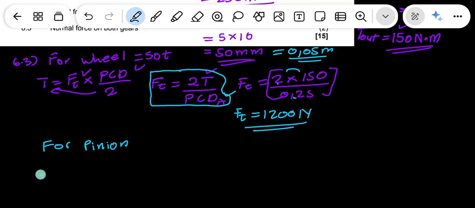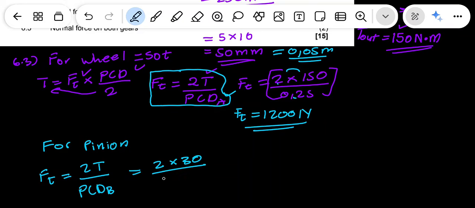we know that Ft is the same already. The subject will be 2 multiplied by the torque divided by PCD. That PCD will be here. We have there now B. So we have 2, the inlet torque there, divided by the PCD, we have just shown that that will be 0.05.